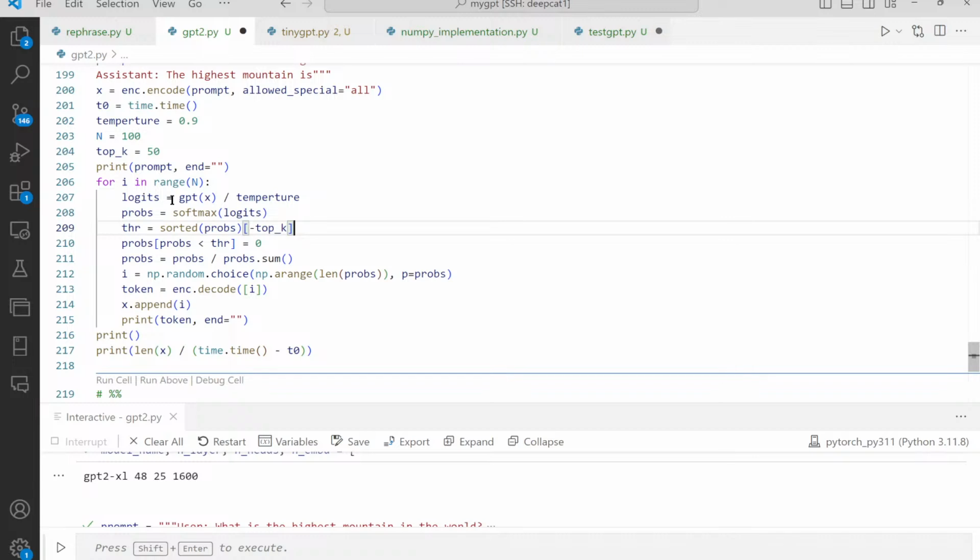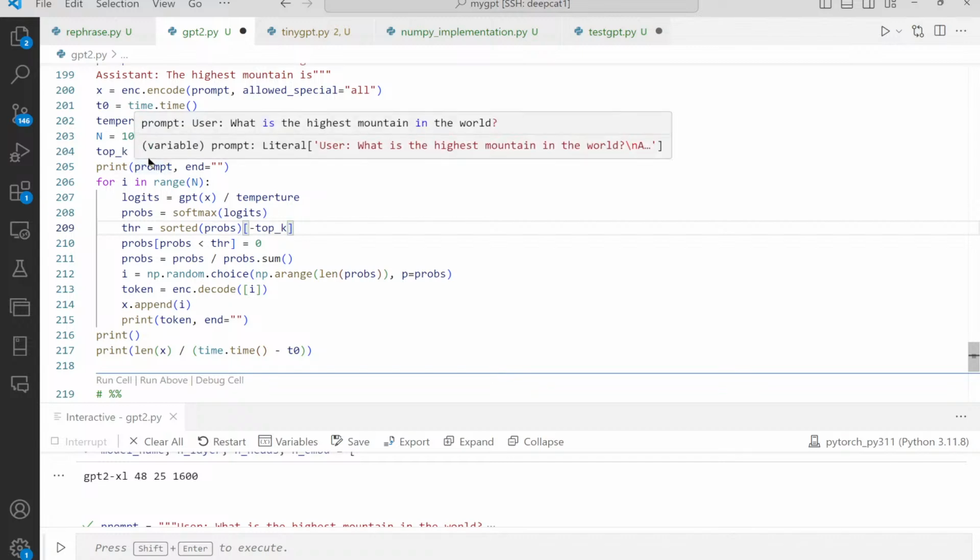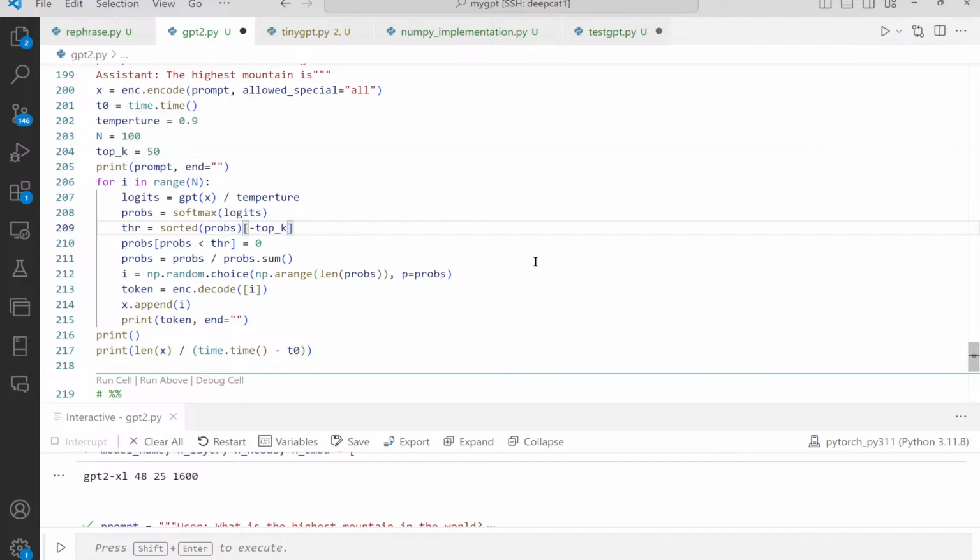So the first part is the implementation of temperature, and the second part is for top K. I only pick the top 50 most likely tokens here. So I arbitrarily set the value to 0 if it is not in the top 50.